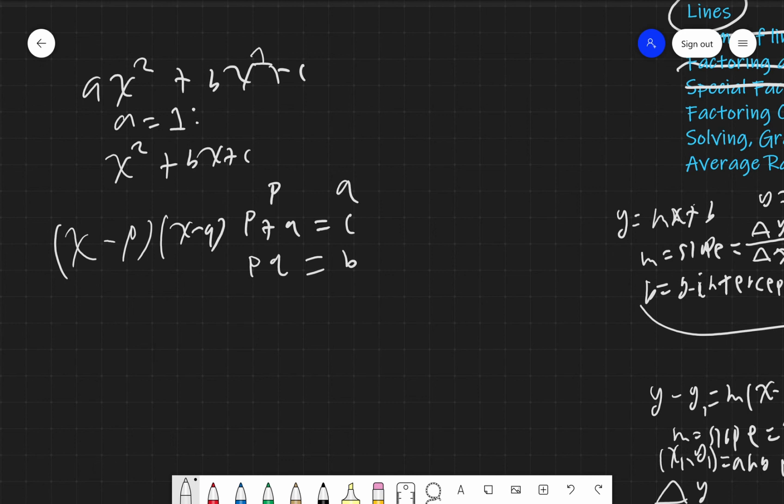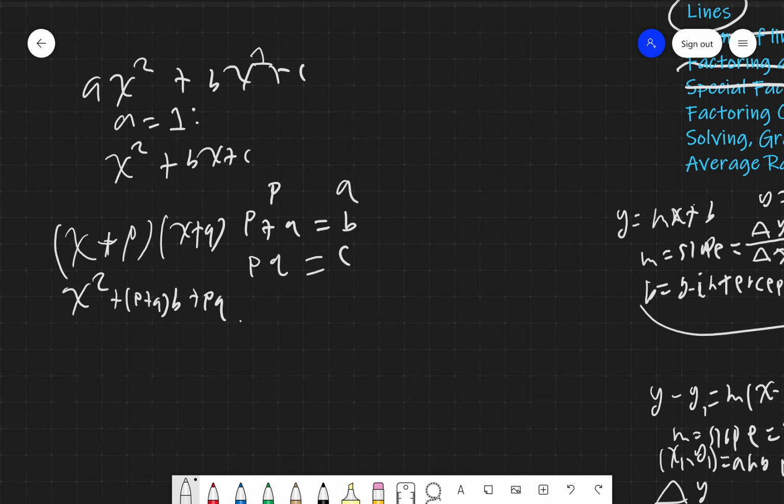So let's double check. If you multiply this out, you get x squared plus p plus q times x plus pq. Sorry, I messed this up earlier.